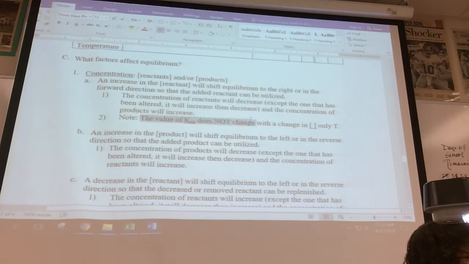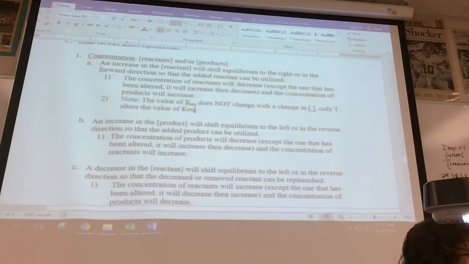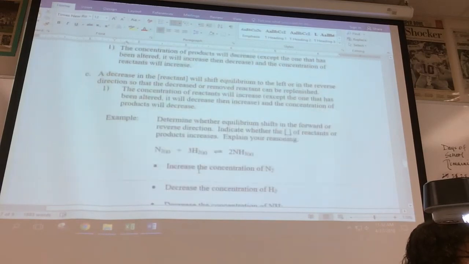Note that the value of KEQ does not change in regard to concentration. It only, there should be a comma here, only temperature alters the value of KEQ. And again, everything that we talked about is listed.